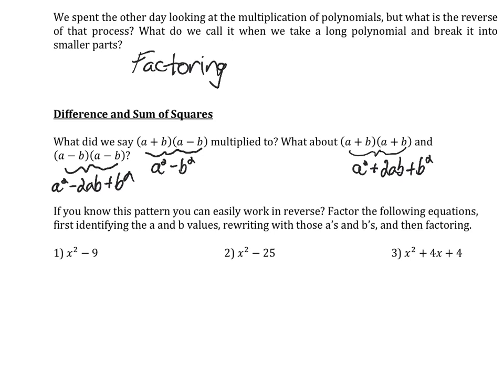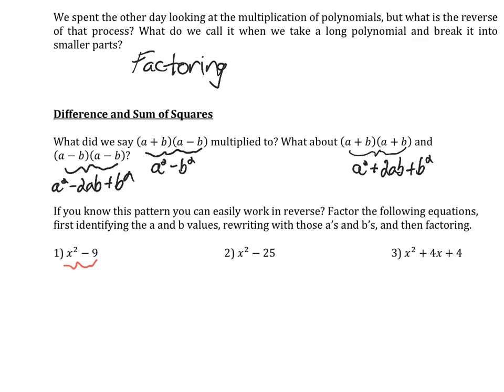All right, so let's take a look at the first one, x squared minus 9. What do you notice about the x squared and the 9? First off, there's no middle term, so it looks to me like the pattern of a plus b and a minus b. There are no middle terms. And I'm also noticing that both the x term and the 9 are squared terms.